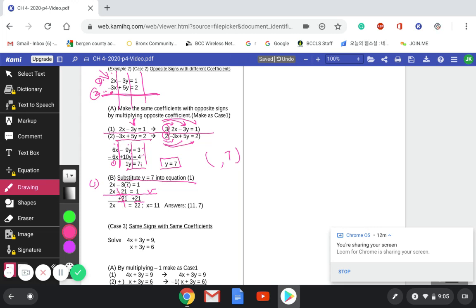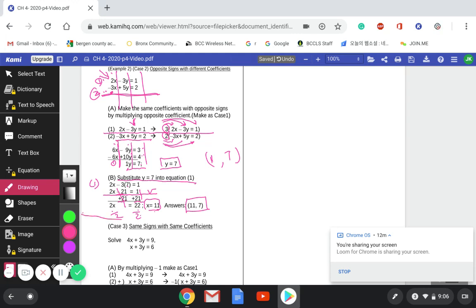So when you do that, this cancels out, and you end up with 2x equals 1 plus 21, which is 22. Now you divide both sides by 2 to get 1x, so x becomes 22 divided by 2, which is 11. So you got the x value as 11. So your final answer is 11 comma 7.